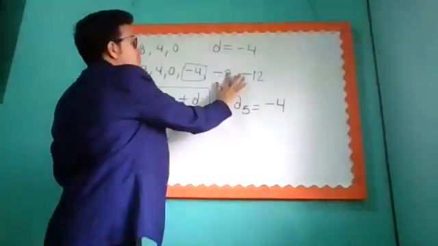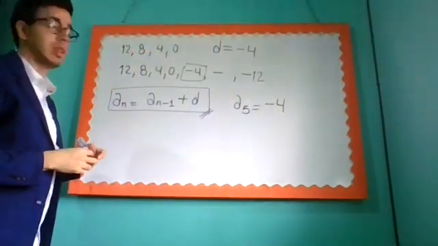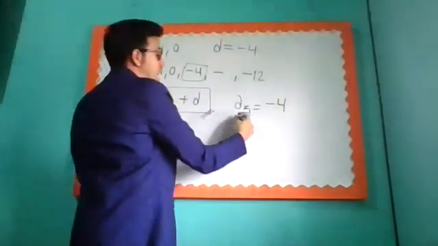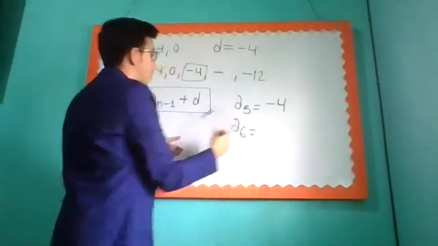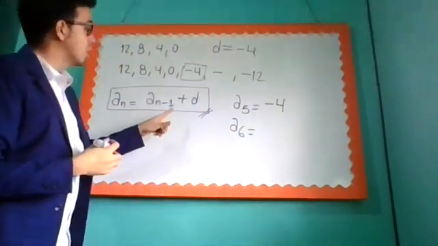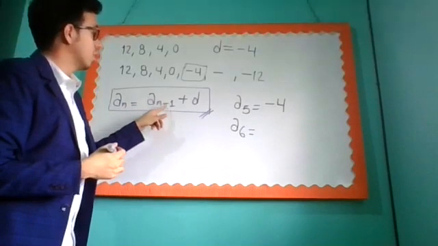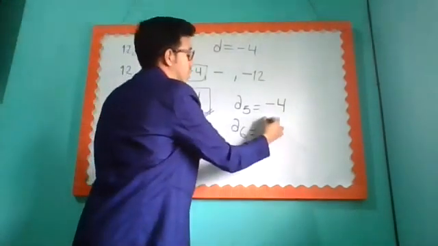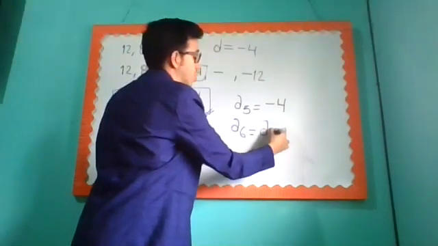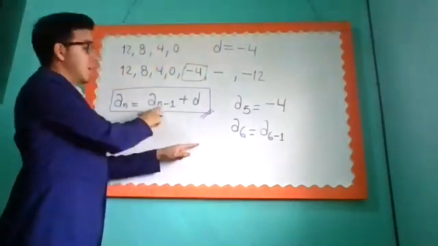Imagine that I don't have this value yet. So a sub 6, I'm going to obtain it using a sub n minus 1. So a sub 6 is a sub 6 minus 1.